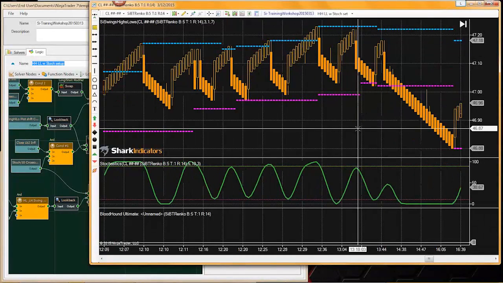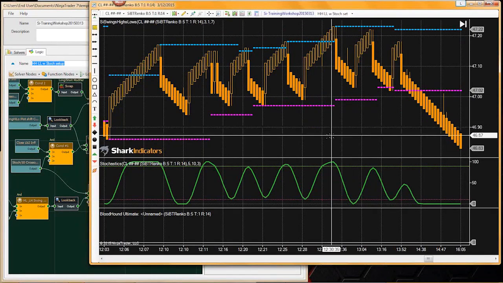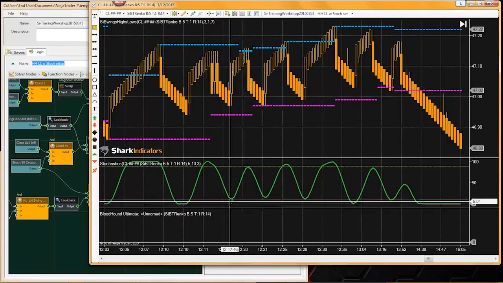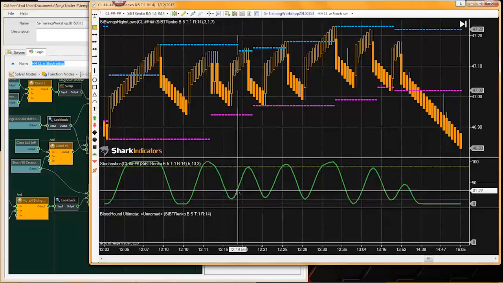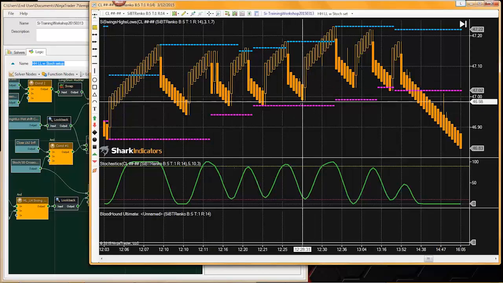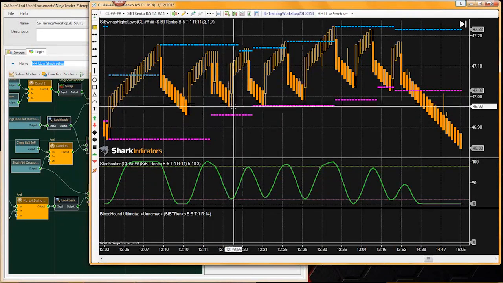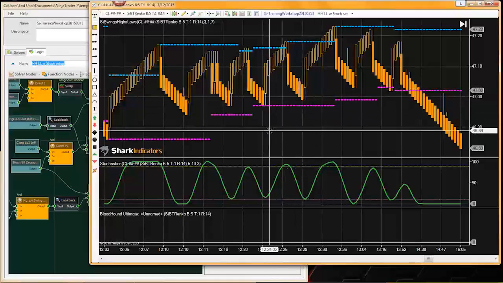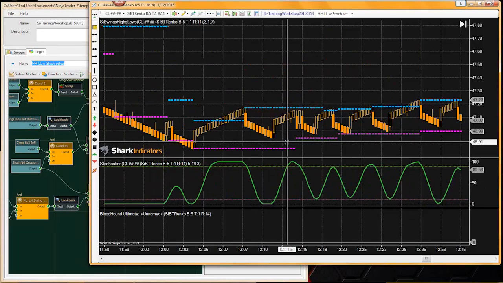And let's see if we're getting anything here. So our stochastic basically didn't get down below the 10 in all these price reversals here. So it looks like this did a pretty good job of filtering out the chop here. All right.